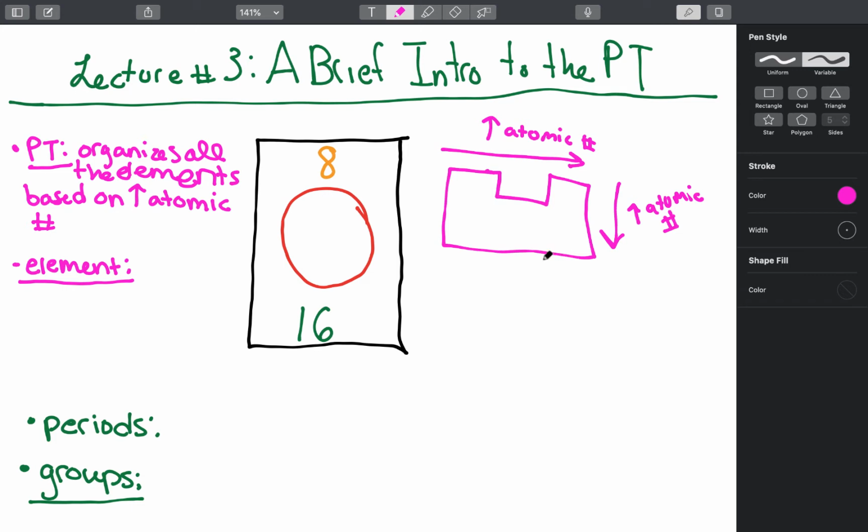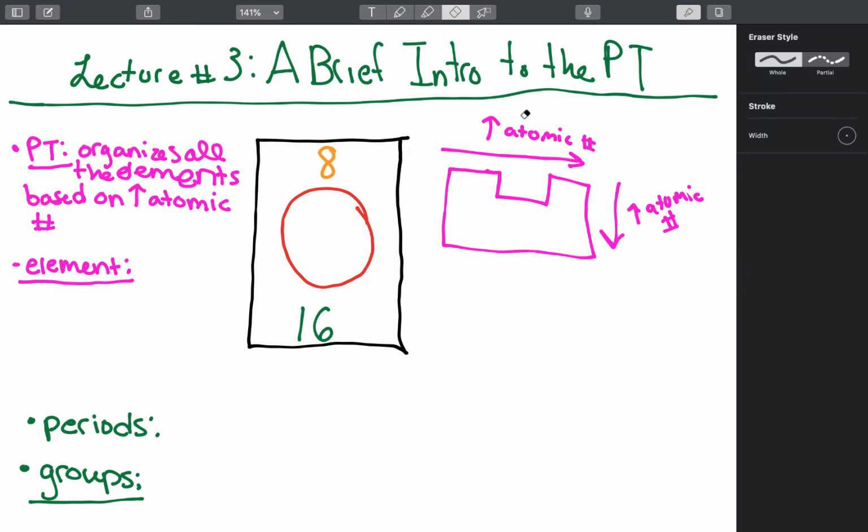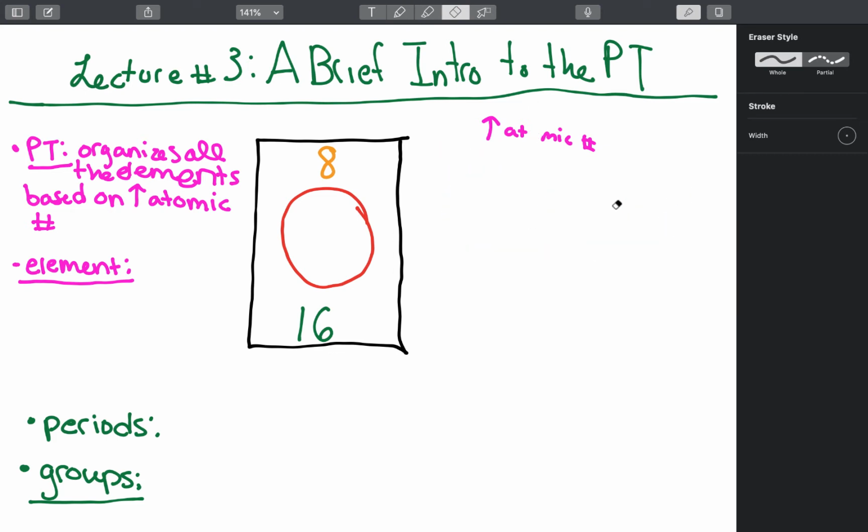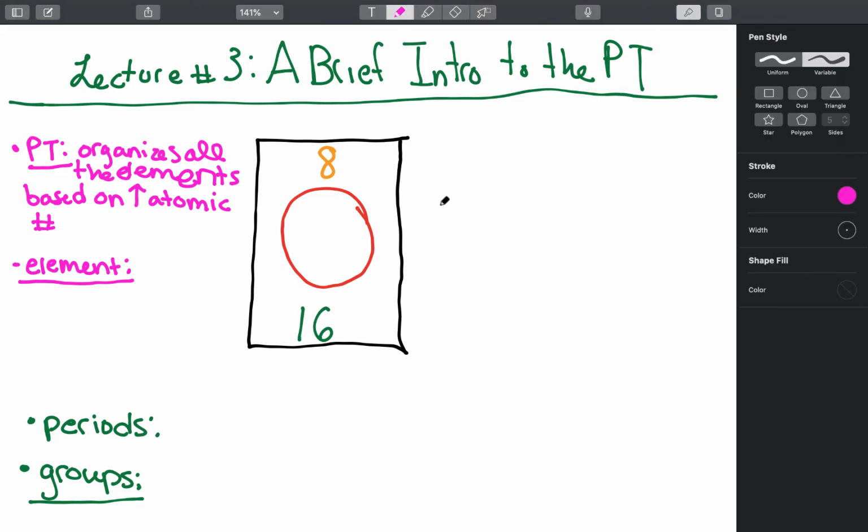Okay? So it is organized based upon this increasing atomic number. So let's get rid of this. Okay. So you may remember from my last video that elements in the periodic table are organized in this way.